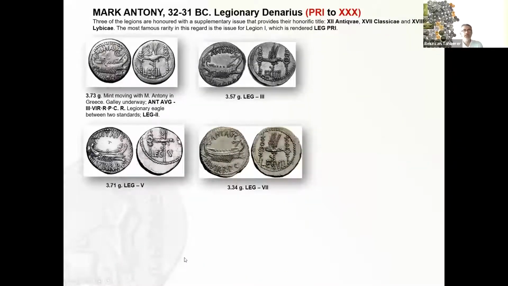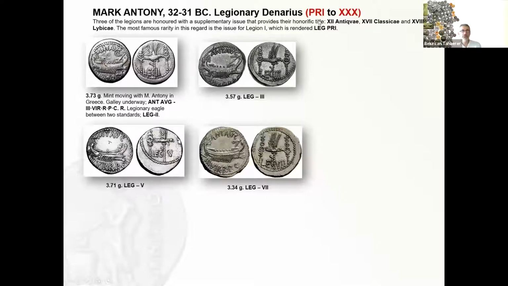Mark Antony issued a legendary series of coins that are called legionary denarius. They were all marked by the legion numbers. Apparently, the first one, number 1, was called 3.